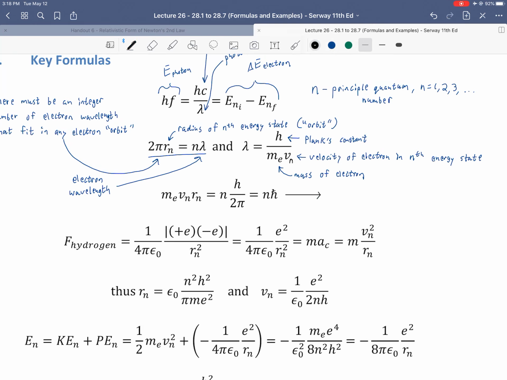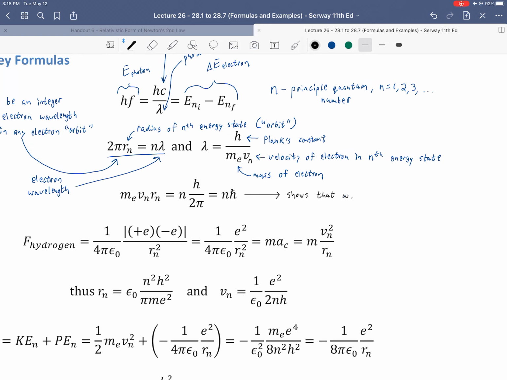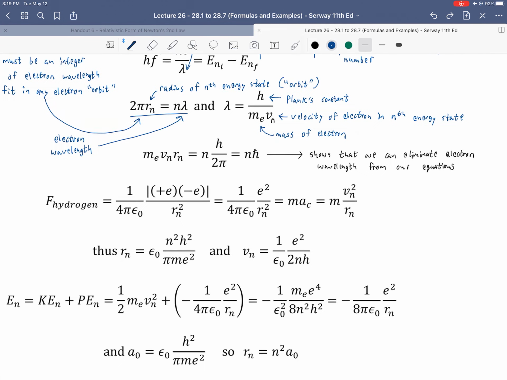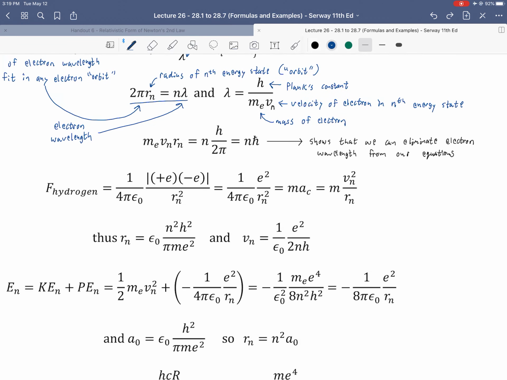So this shows that we can eliminate electron wavelength from our equations. Okay? Now we could go back and solve for it, sure. But if we don't need to, we're not going to, if we're not explicitly asked to. All right, so nothing new here, just showing an intermediate step of algebra. And we'll come back to why that's important.